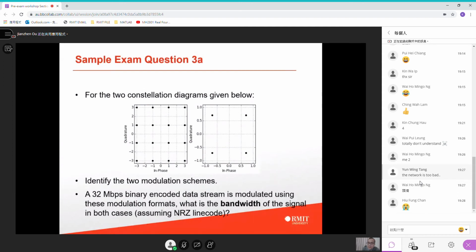But for the RZ schemes, for instance return to zero or Manchester coding, it equals 2 times the bit rate. Remember, I summarized it in the tables. So even though the question doesn't say polar NRZ, straight away we know that for NRZ line coding, the first null bandwidth is equal to the bit rate.